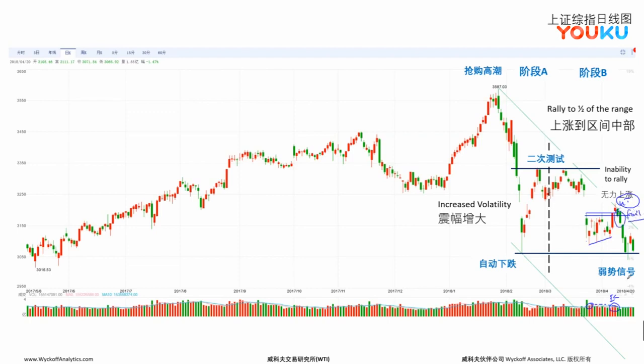So those are the elements of the upthrust, and those are the elements of the potential phase C in the distribution. And look how the price travels down. It increases the spread, the result is increasing, the distance is increasing, and not only does it touch the level of the support that was created by the climactic action, it actually makes a slightly lower low, which also shows us that there is some kind of weakness around this area.